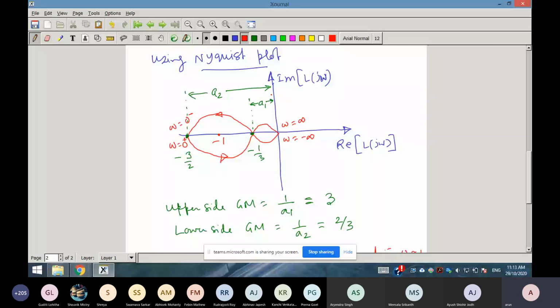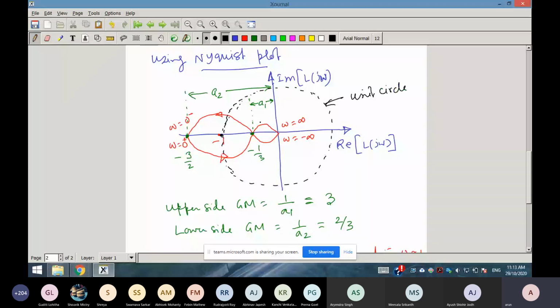For obtaining phase margin, we'll draw a unit circle, with radius 1. So this is the unit circle.